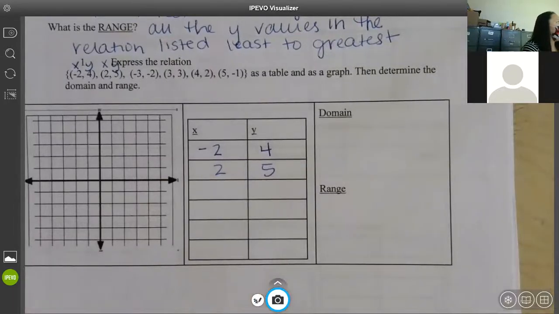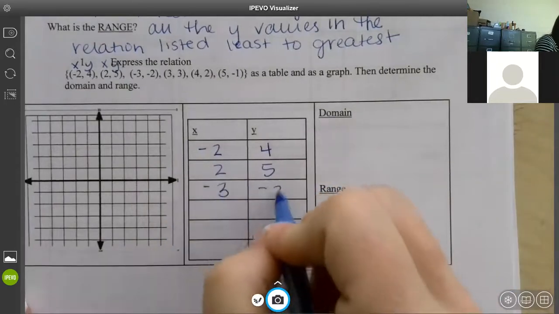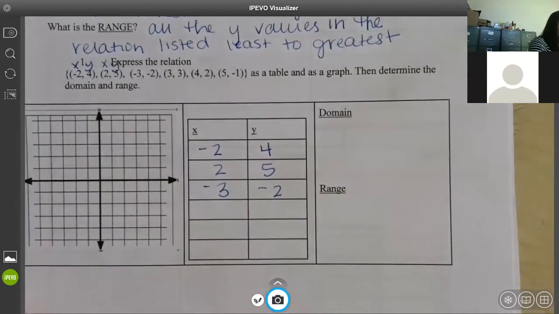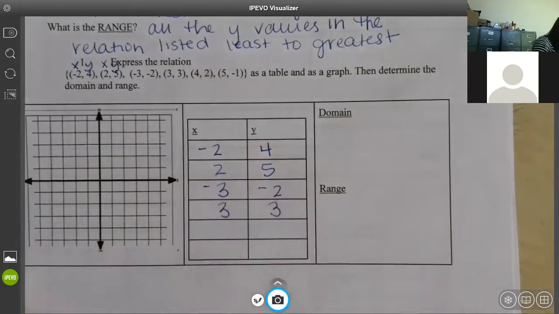It doesn't get any harder than that, guys, okay? What's my next coordinate? So we write a -3 and a -2. The next one is a 3, 3. Then we have 4, 2, and 5, -1. That's all you do for your table.